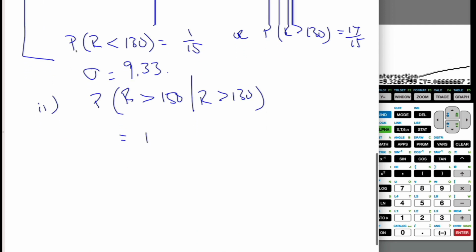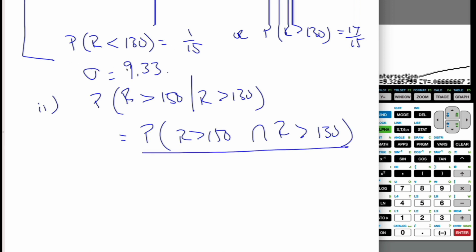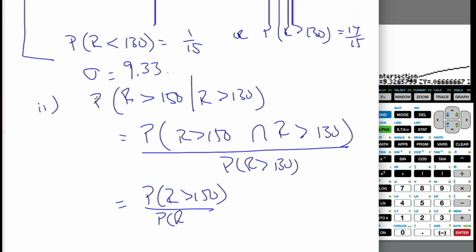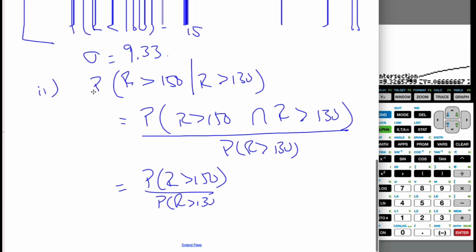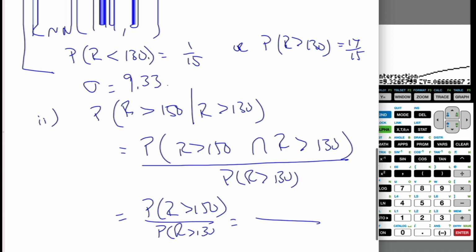So I know by conditional probability, this is the probability that Ray is over 150 and that Ray is over 130 over the probability of Ray being over 130. If we think about what this top one means, being over 150 and being over 130 just means simply the probability of being over 150 over the probability that Ray is over 130. Well, I know the bottom of my fraction here is 14 out of 15.